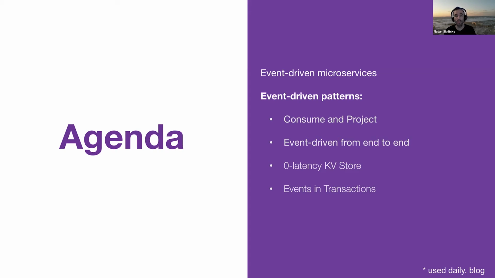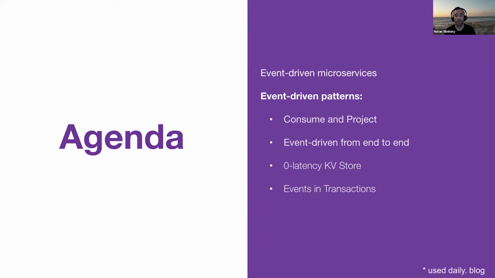Event-driven from end to end, we're talking about the pattern, how we can have streaming of events all the way from the browser to all of our microservices ecosystem by using Kafka and WebSockets together. Zero latency key value store.